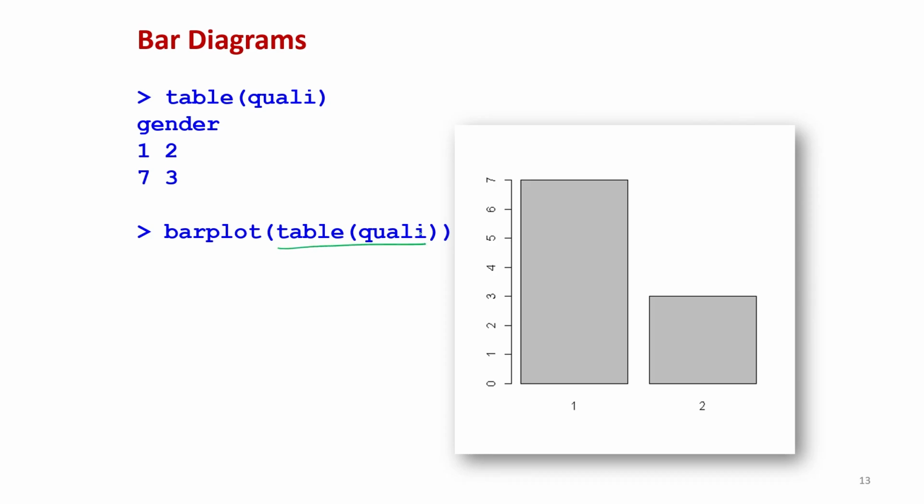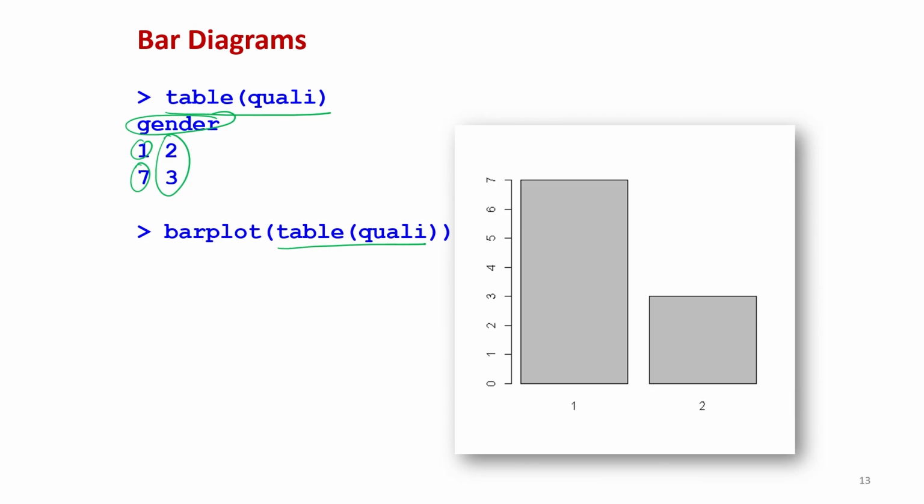Well, I have done it intentionally, in the sense that if you are working with different types of software, in many software there is an option that you have to give only the raw data. But I wanted to make sure that you understand that in the R software, you need the tabulated data. So if I use the command table on the quali data, you will get the data: category 1 has 7 people and category 2 has 3 persons.